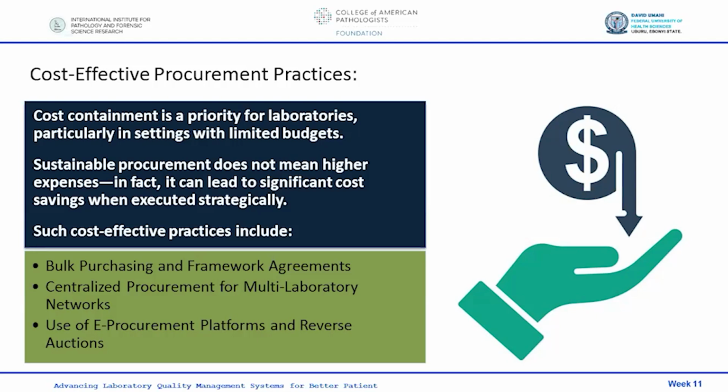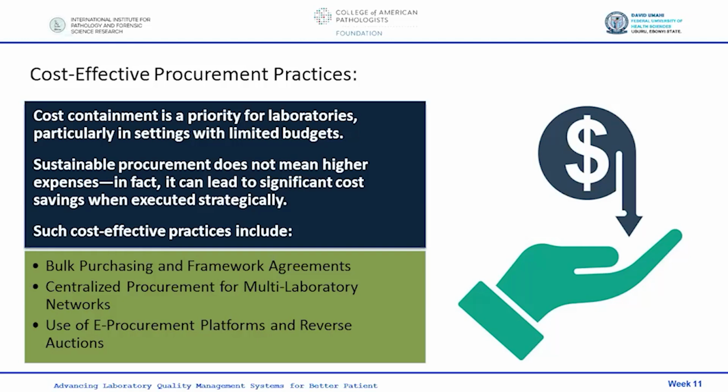Centralized procurement for multi-laboratory networks. Okay, for example, let me use the example of our National Blood Service. We have a central purchasing system. It is also a cost effective procurement process. When labs operate like this under a common health system or regional authority, these centralized procurement units can streamline sourcing, reduce redundancy and ensure standardization across facilities, so that people don't just do things the way they want in their different centers.